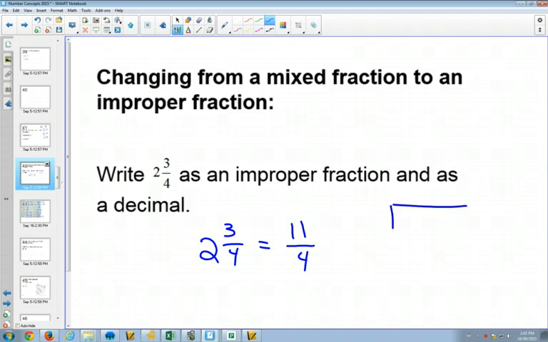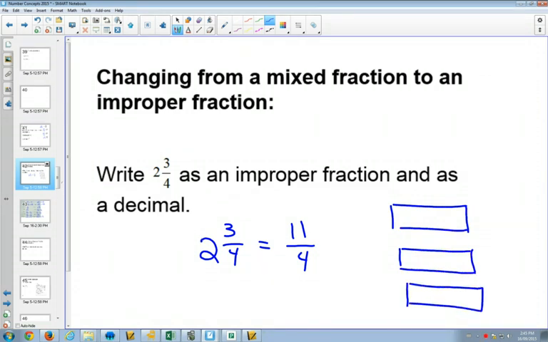Here's one chocolate bar. Here's another chocolate bar. Here's the third chocolate bar, but we have this whole chocolate bar, this whole chocolate bar. Does that make sense that I have 3/4 of that last chocolate bar? So I bought a chocolate bar that only comes in 4 pieces. And I have 2 full chocolate bars and 3 extra pieces.